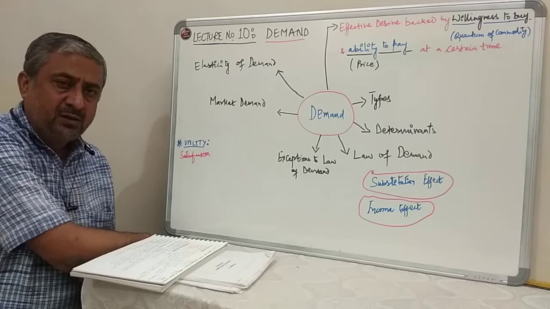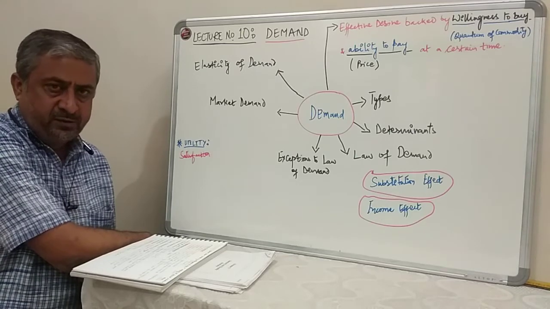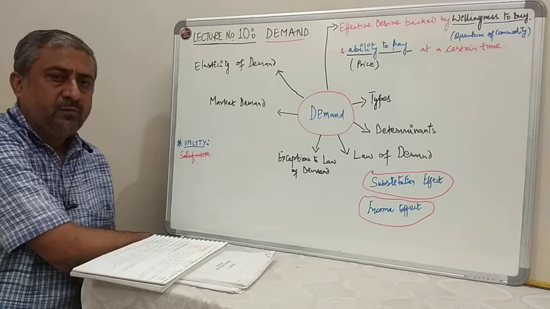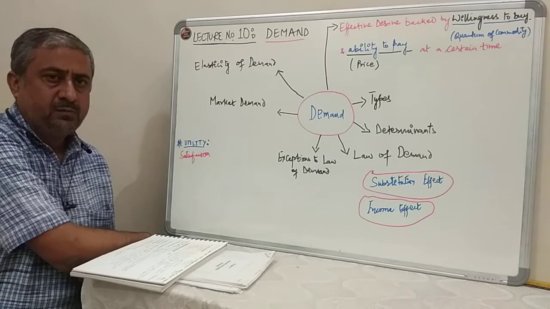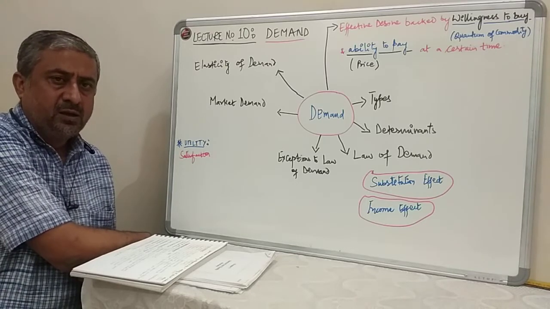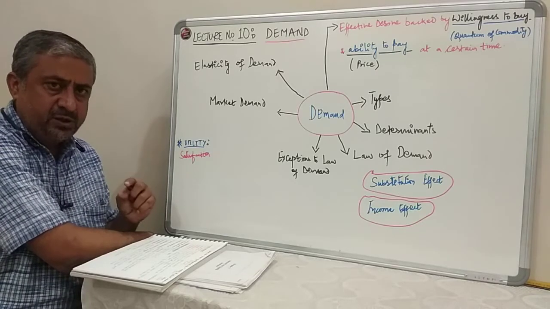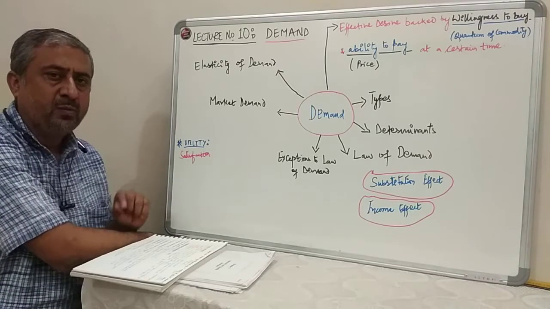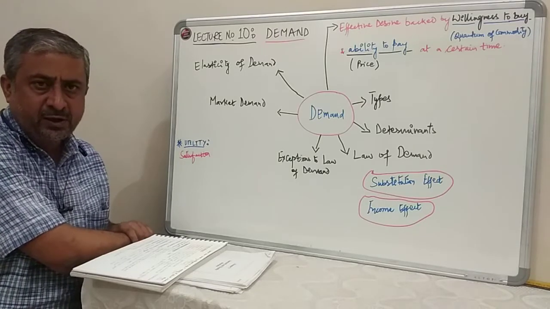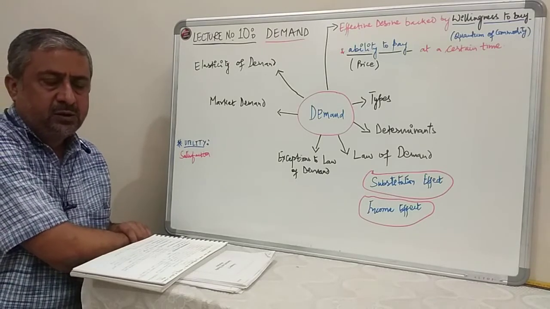So, a desire which is effective means which is going to be fulfilled by fulfilling certain conditions. That is, the efforts are minimum, the output is maximum. That is what we call effectiveness.